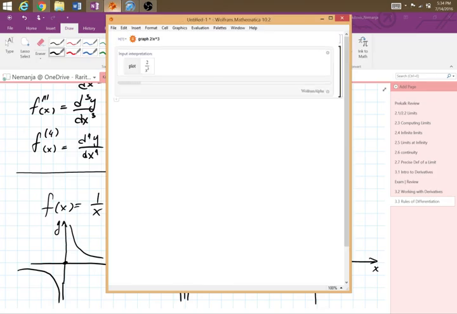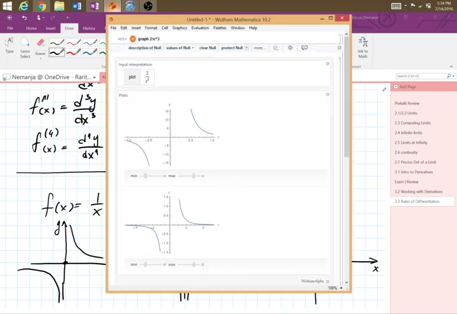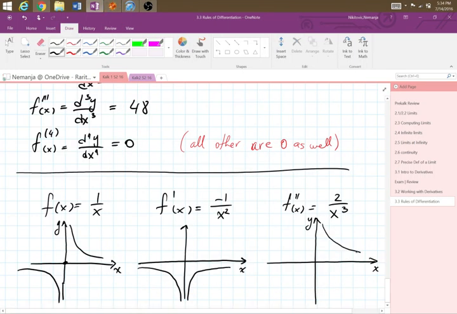Now it interprets the fraction first and it gives you the graph. So it looks almost like the first one, and you see that the asymptote at x equals 0 is preserved everywhere.